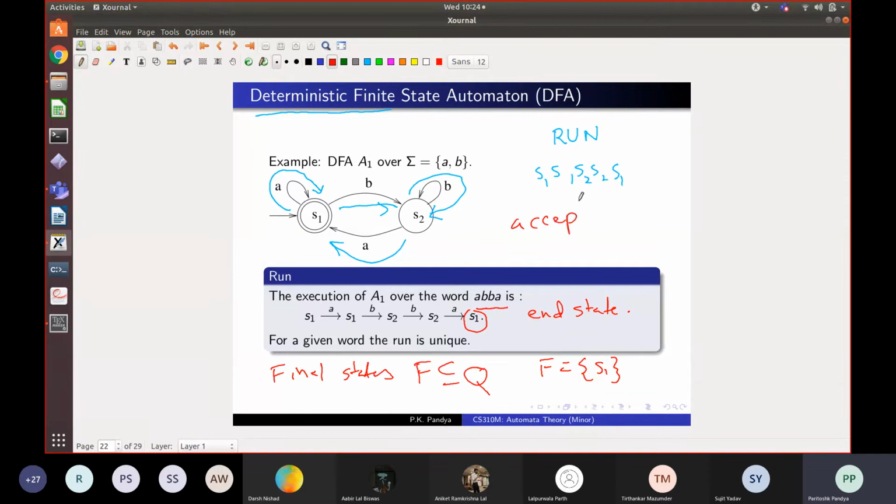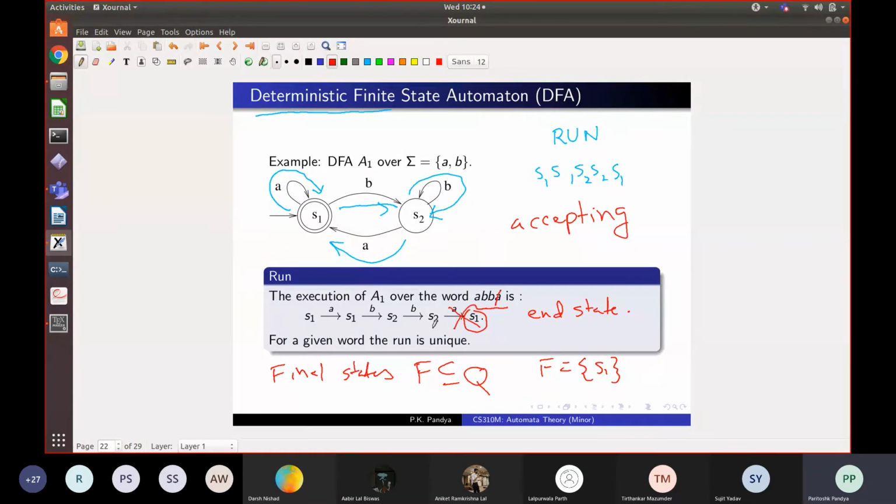So is the notion of accepting run clear? Given a subset of states which are final states, the run is said to be accepting if the end state of the run is in F. So in our case, is this run here accepting? Yes. Suppose the input word was only ABB, the last A was not there.